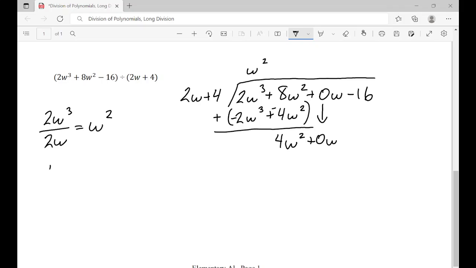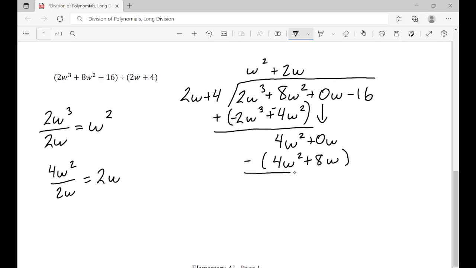4w squared divided by 2w. Simplify this, and you're going to get 2w. And that's what goes up here. Positive 2w. And I'll distribute the 2w to both terms here, which will give me 4w squared plus 8w.